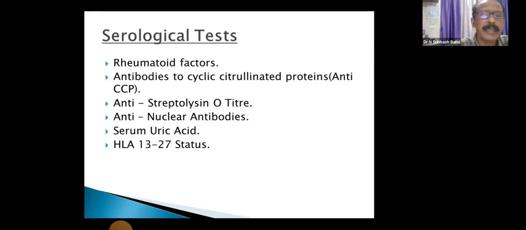Another thing is the ASO titer, as everybody knows, a test which helps to diagnose rheumatic fever. Traditionally it is done, but in that test also some false positives will occur.